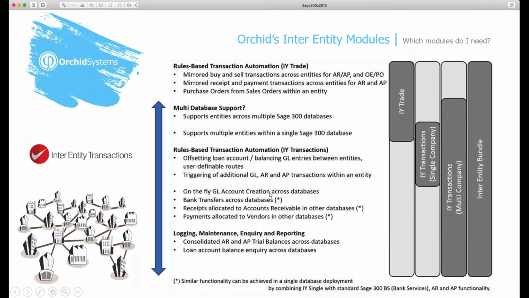So if a transaction does get processed in one entity, what I'd call the source entity, and the target entity receiving these transactions can't receive them for some reason, it may not have an open valid account period, there may be some other issue, I may not have set the auto GL account creation on, and the required accounts may not exist in the target company.